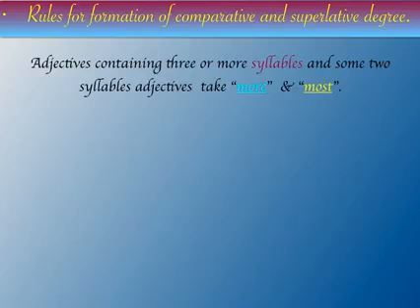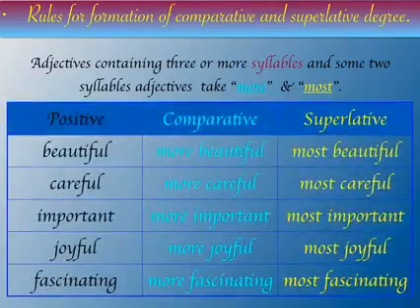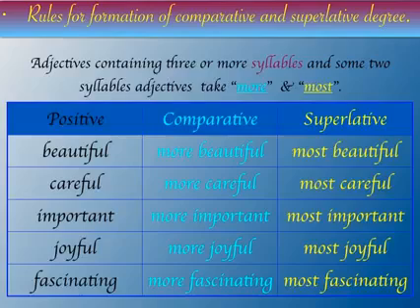Let's see some example over here. The first one over here is beautiful. That is a positive degree. Now in this word we won't be able to make any changes. So when we change it into comparative degree, we would be using more along with the adjective beautiful.